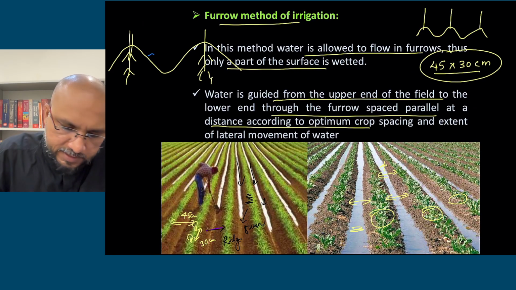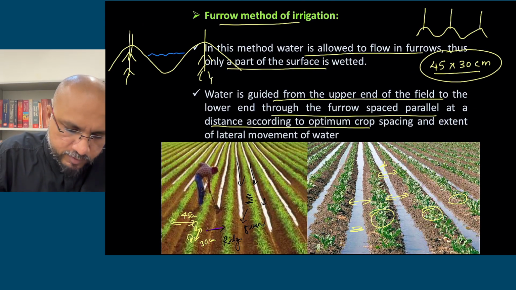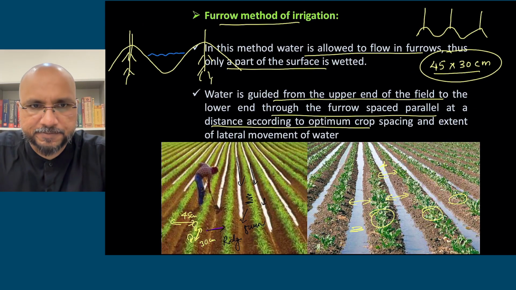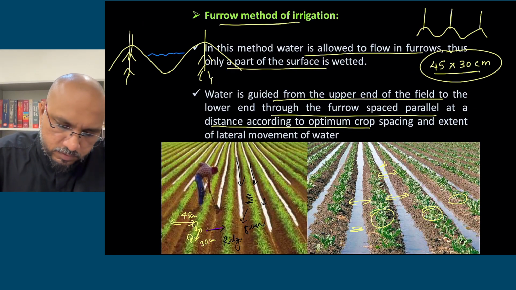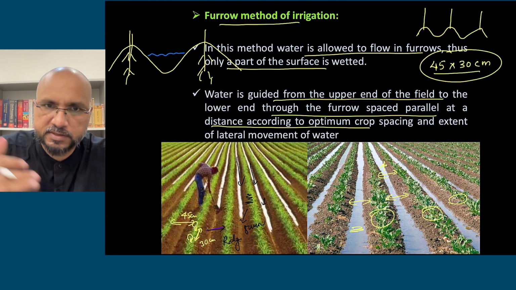Now what happens here, the water will go down, gravity hai, water will be moving downwards, water will also move upwards through capillary action. So water will move in all direction through capillary force से.